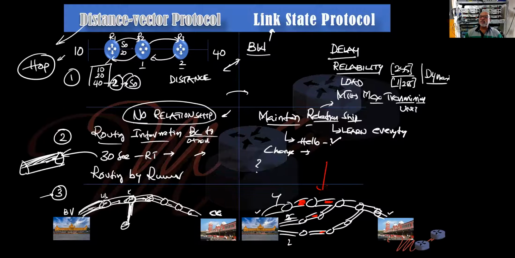That is the difference between these two protocols. Here, routing by rumor: whatever the LB Nagar guy tells, I'll follow that. Whatever the Kodada guy tells, I'll follow that. Here, no, you don't listen to anyone. You don't need anyone. Somebody already gave you the entire topology. Here, only the adjacent router.